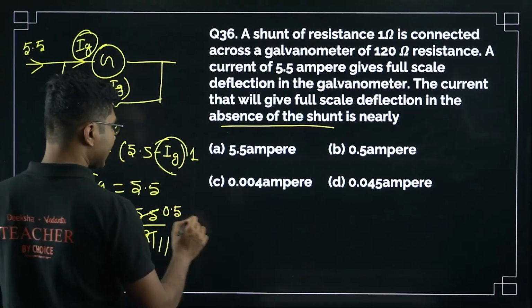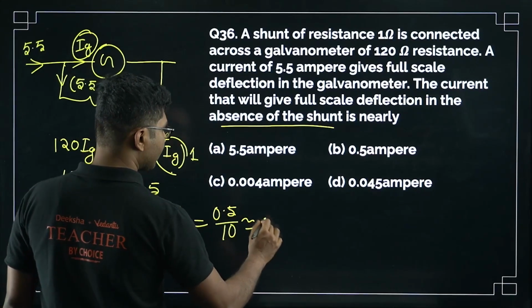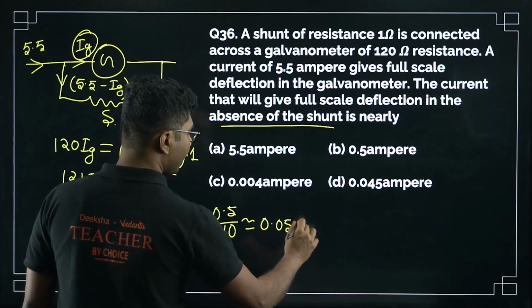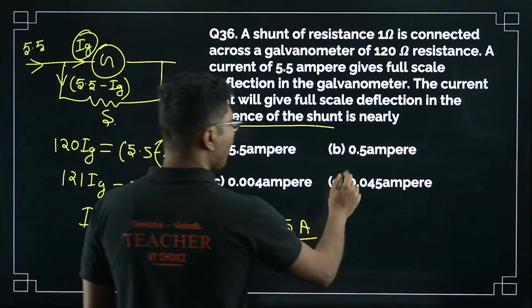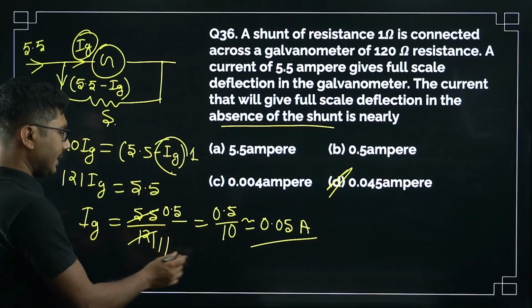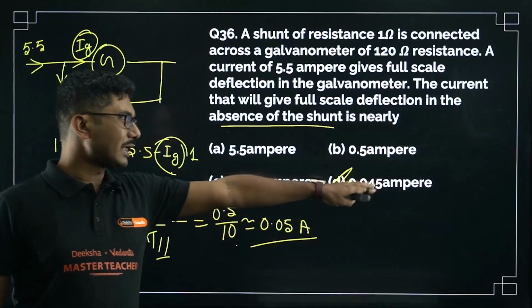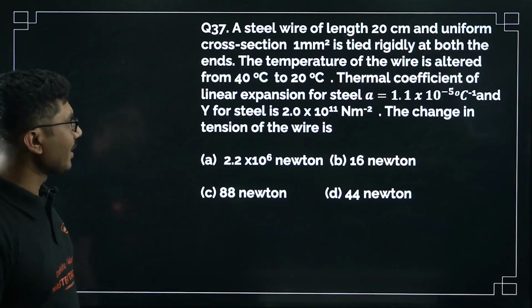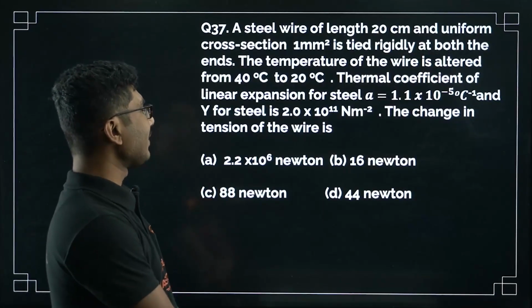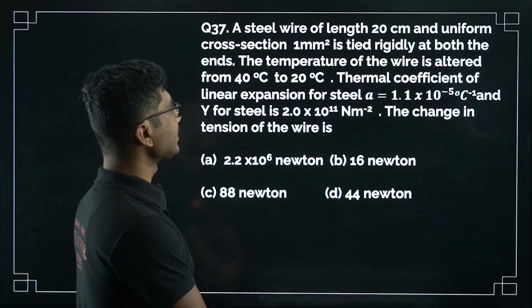Now you can take this as 0.5 divided by 10, which equals 0.05 ampere. So the correct answer is 0.045 ampere, because we have reduced the 11 to 10, so that is why our answer is slightly more, but the correct answer is 0.045.